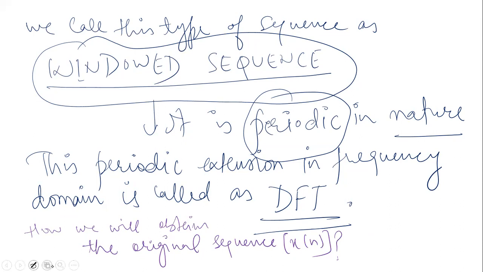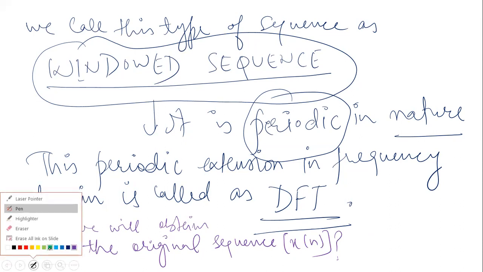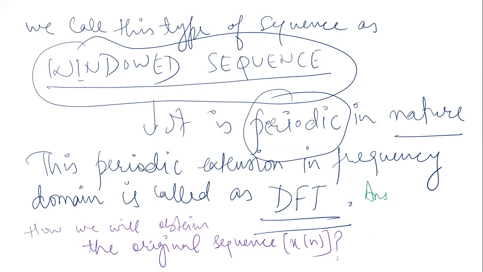The answer is IDFT, which is known as inverse discrete Fourier transform. So we will take the inverse of the discrete Fourier transform, and by using that we can easily find the original sequence Xn. Now let us understand this graphically.